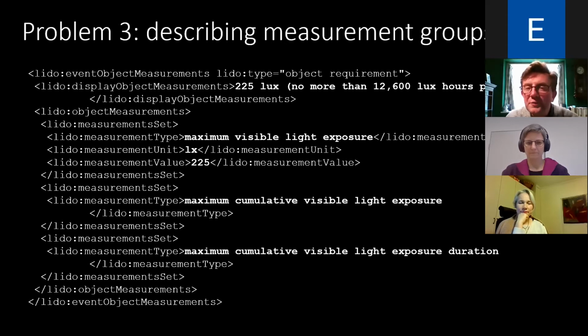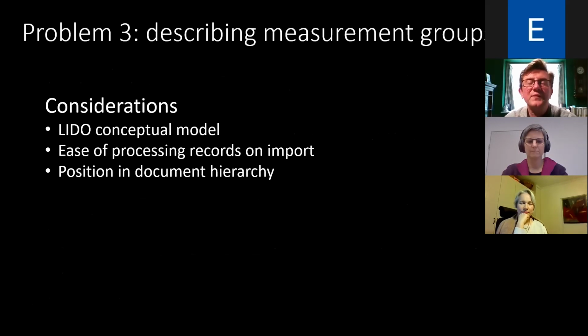We can group them together easily enough. The event object measurements element can contain multiple measurement sets, and we can use a display object measurements element which will hold the string. But what we also need to do is identify what kind of set of measurements we're dealing with so that systems importing the data know where to put it.